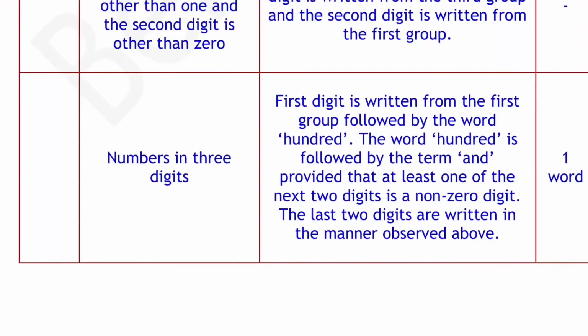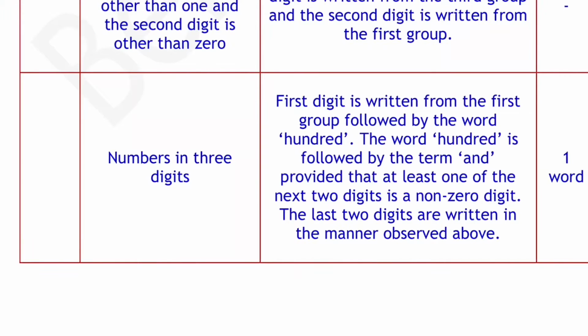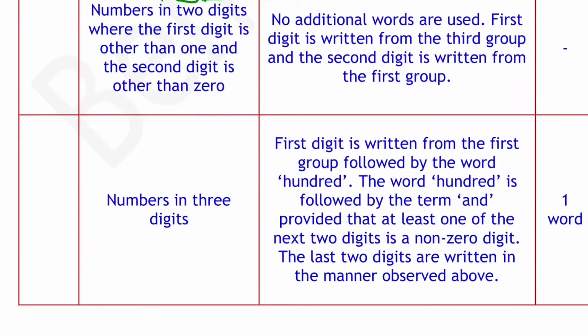The first digit we read from the first group and then it is followed by the term 100. If you have any more to say, that should be connected by a rhythm term, and the remaining 2 digits can be read on the basis given above. Okay, so that is the summary of what we have observed in tutorial 1A.